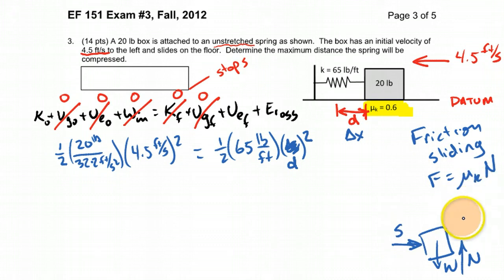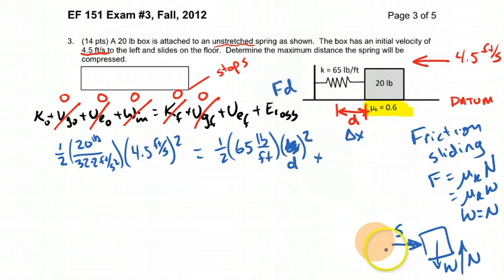But from this free body diagram we can see that the weight and the normal force are the same. So the friction is mu sub K times the weight. Okay, E loss is the friction force times the distance. So I'm going to plug in mu sub K, 0.6, times the normal force, which is 20 pounds, times the distance.